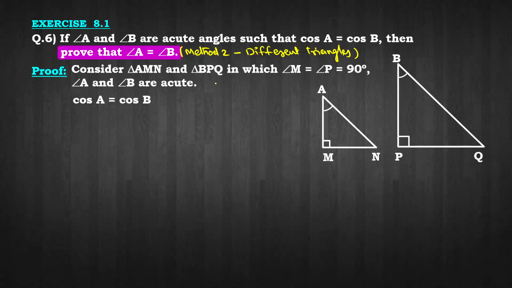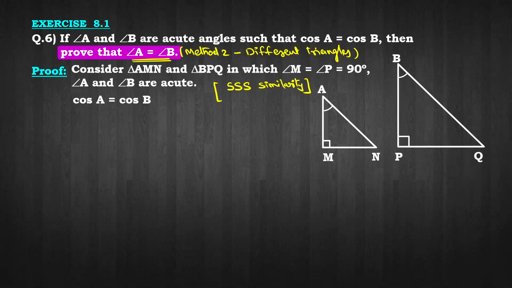So here the method is we use SSS similarity. That is the method we are going to use to prove that angle A is equal to angle B. So let us see this method.